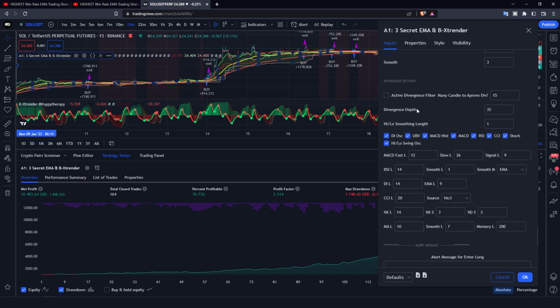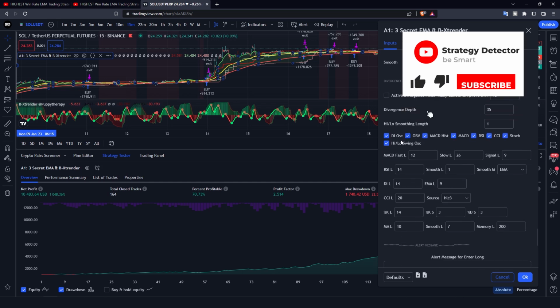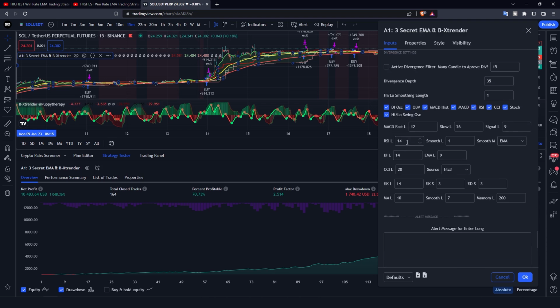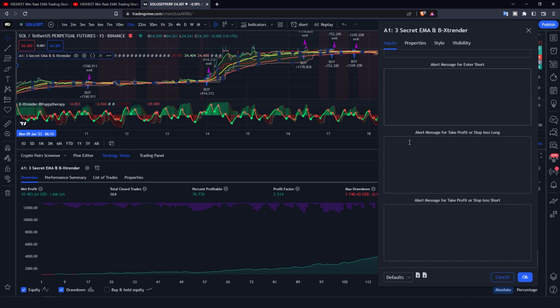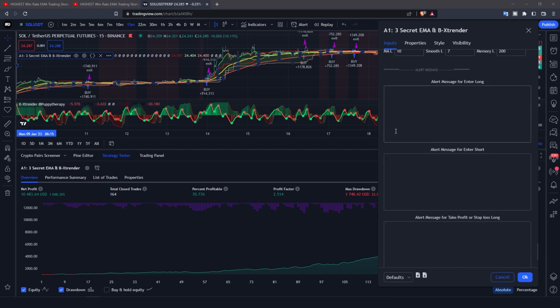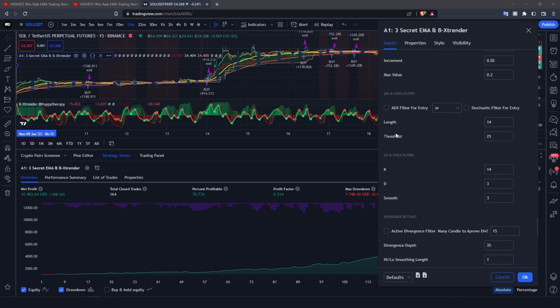And finally you can have divergence. You can have divergence filter on each indicator that you want, and at the end of it you can have the alert setup. These are all the possibilities and options that this strategy gives you.